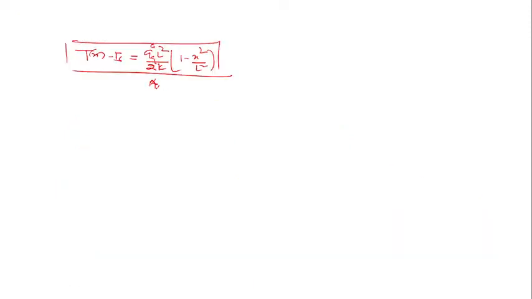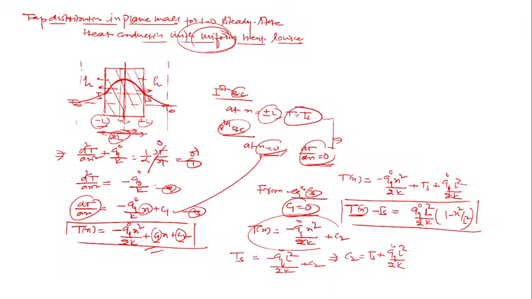Here the very important thing is that L is half of the thickness of the slab. It means if the length is 40 millimeter, then we should write here 20, because we derived this equation for 2L thickness. 2L is 40, then L is 20. Is this clear?